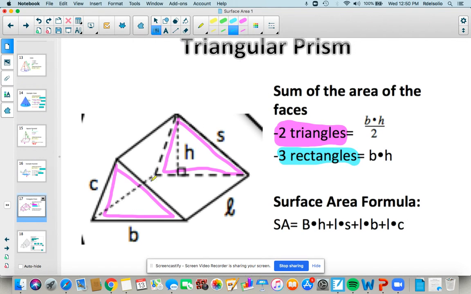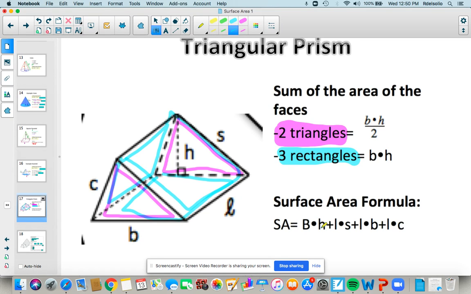There's a rectangle down the bottom, a rectangle on the side, and then a rectangle on the other side. I know it's kind of hard to see, but there are 3 rectangles, and we know the area of a rectangle is base times height. So you could find the area of the 2 triangles and the areas of the 3 rectangles and then add all those together.